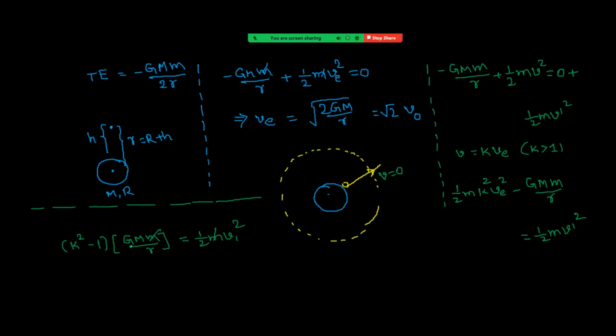In the place of G m by r, what we can write? It is v square by 2, right? So k square minus 1 into v square by 2 is equal to v dash square by 2. 2 gets cancelled. Therefore, sorry, this is v dash.